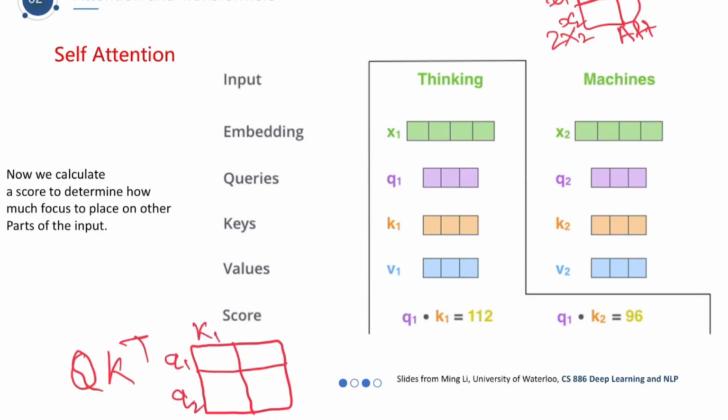And K1 is the key for thinking, K2 is for machine. Now if you just see this first part, this is the attention vector for the refinement of the first word, that is thinking. And the second one is the attention vector for the refinement of the machine.